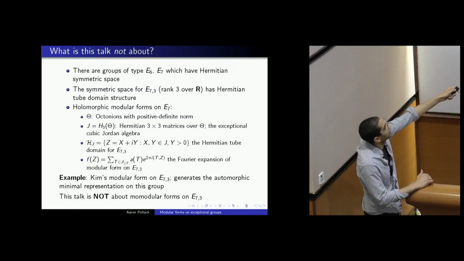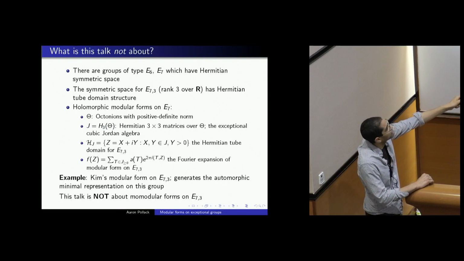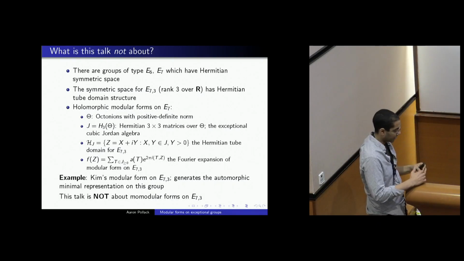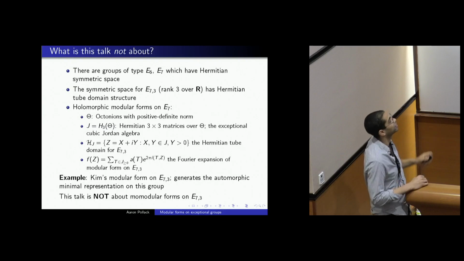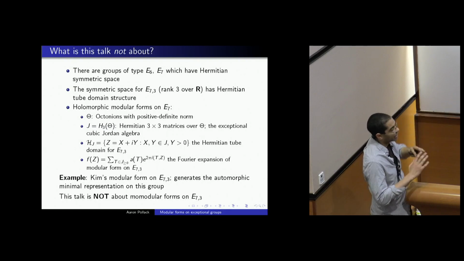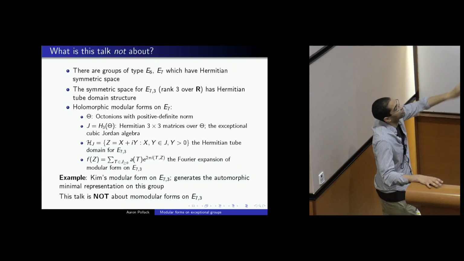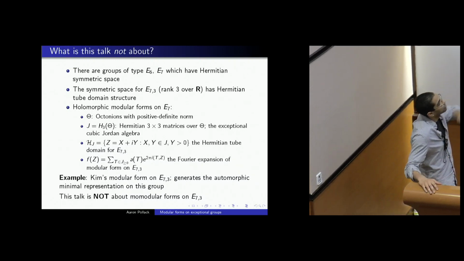Then this group E7 has a symmetric space that looks just like the Siegel space I just mentioned for GSp_2n. Now the elements are x plus iy, where x and y are in this 27-dimensional Jordan algebra, and y is positive definite. And you could talk about modular forms for this group.